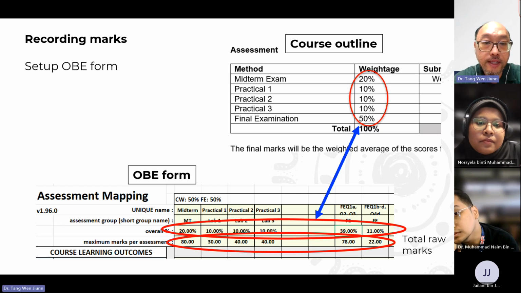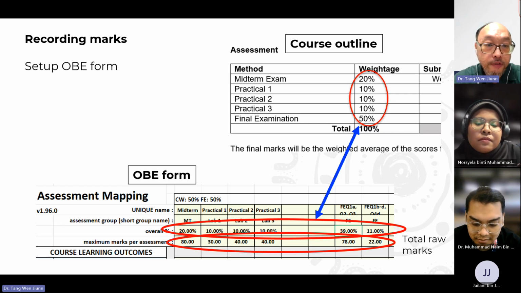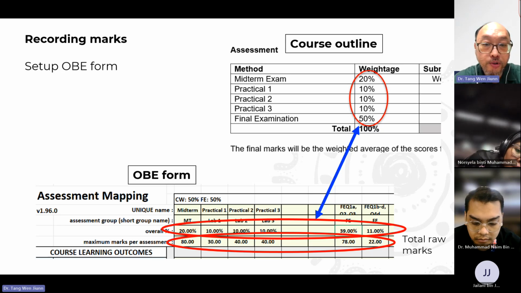Here you can see the transfer of the marks. In your course outline, you have the weightage, and in your OBE form over here, you also have that percentage. So make sure they tally.